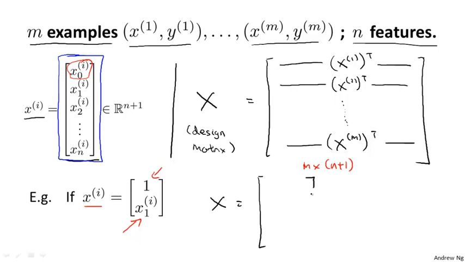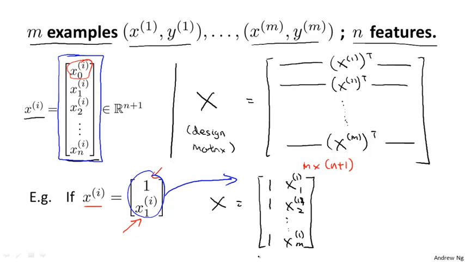For the first row, I take the vector and its transpose, so I end up with 1 and then x1(1). For the second row, I end up with 1 and then x1(2), and so on, down to 1 and then x1(m). Thus, this will be an m by 2 dimensional matrix. So that's how I construct the matrix X.